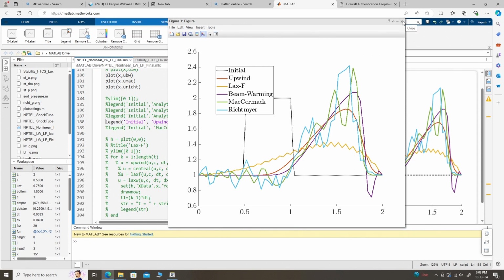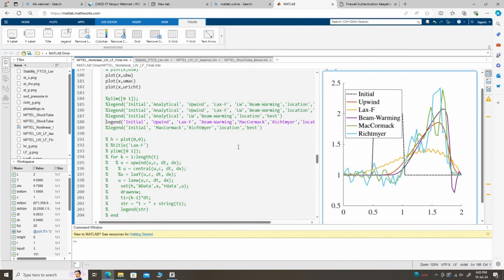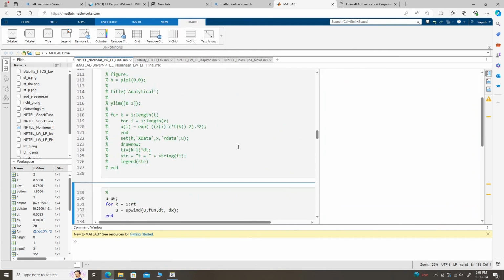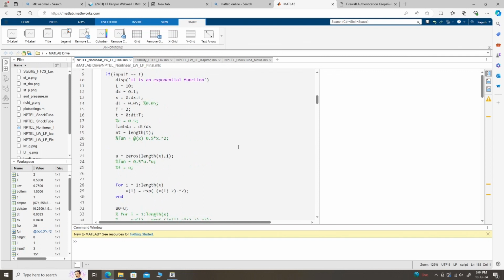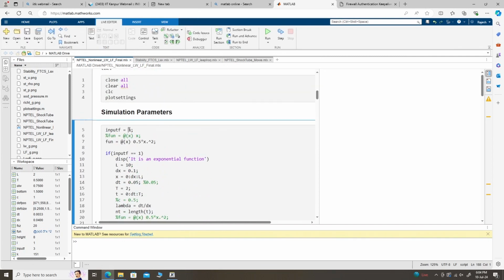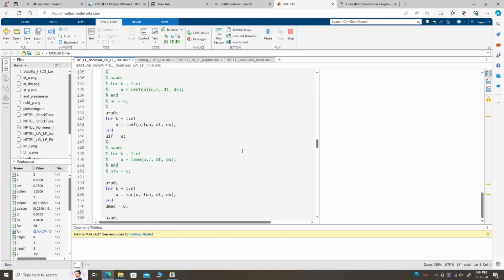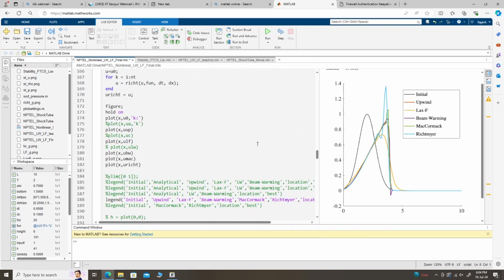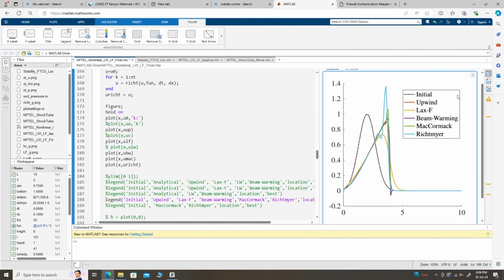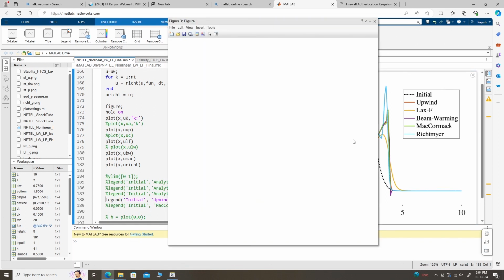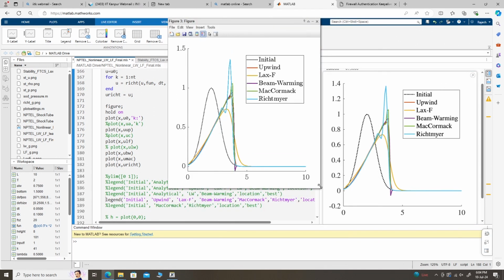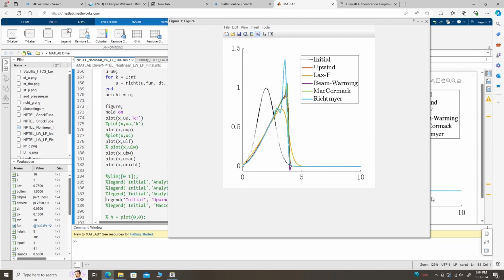Let us say you want to change it to an exponential function. I will change my input function to an exponential function and run it again. See how the behavior is. So, this is now an exponential function. It is a much smoother function.